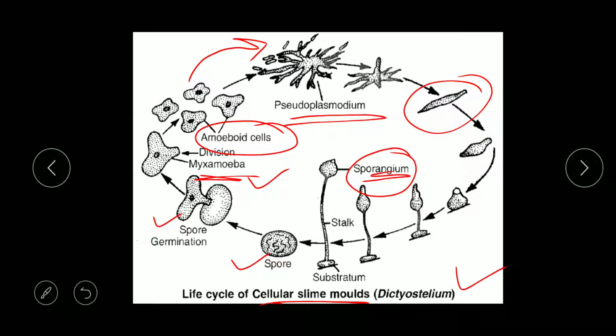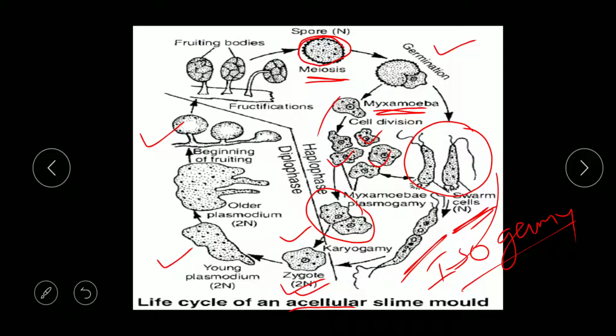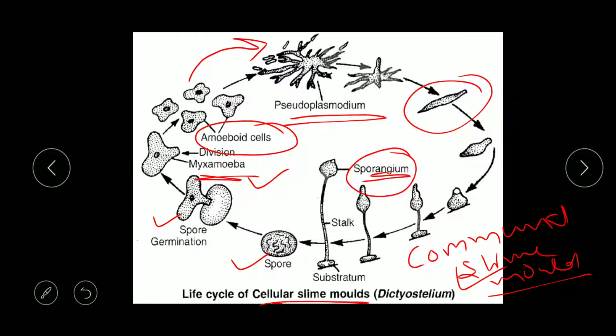Internally there is a division between them; they are just forming a community. Because of this, the cellular slime mold can also be called the communal slime mold. But in the acellular one, complete fusion occurs and they have lost their cellular identity, so they are known as acellular. Now I hope you have understood what acellular means.